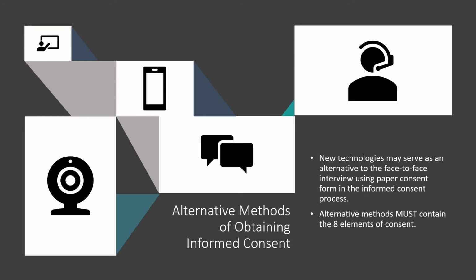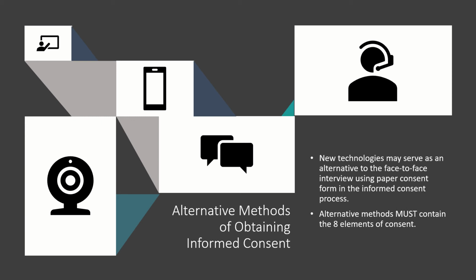The FDA does allow for alternative methods to be used when you are doing informed consent. As new technologies arise, there will be a difference from the typical face-to-face interview conversation of what consent has been in the past using a paper consent form.